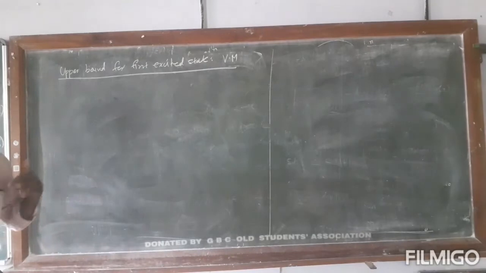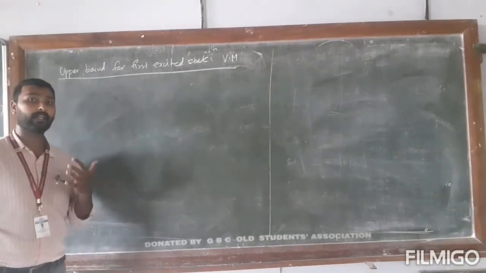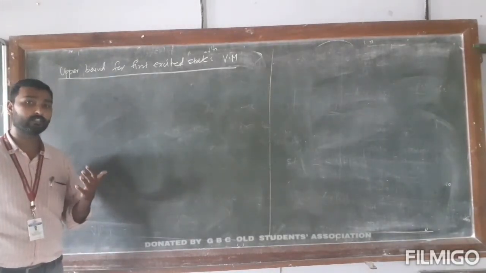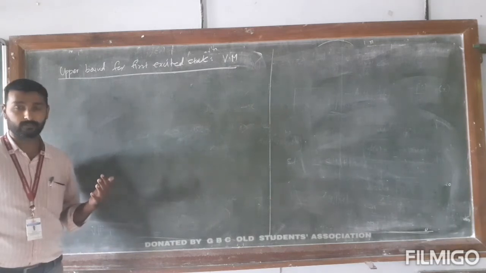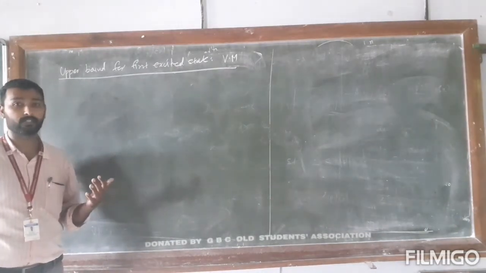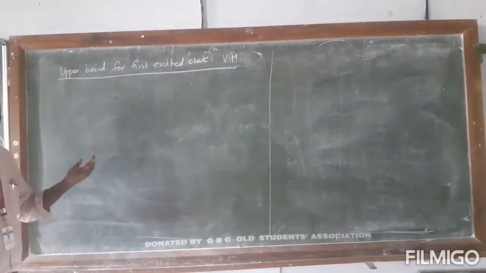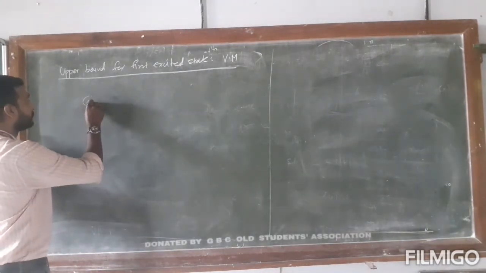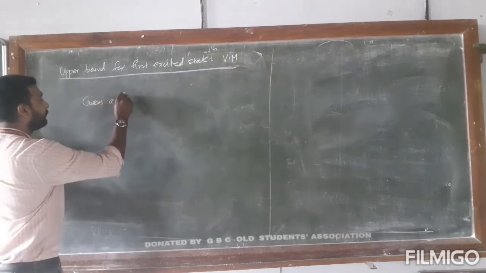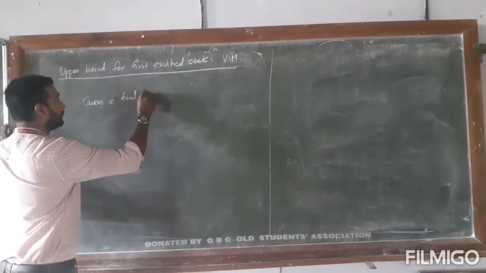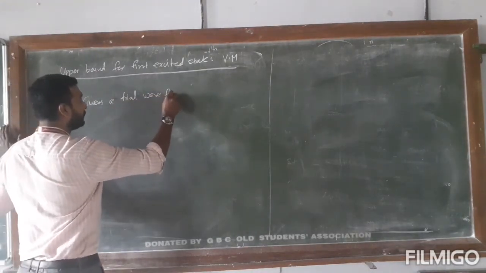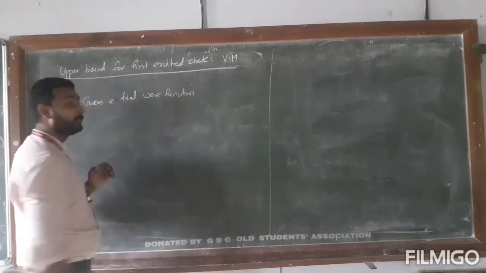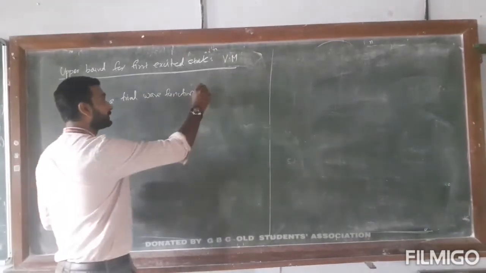Okay, so in order to find the ground state energy, the first part of what we have done is we have assumed a trial wave function. Similarly here also we will guess a trial wave function. I can put the trial wave function as psi 1.